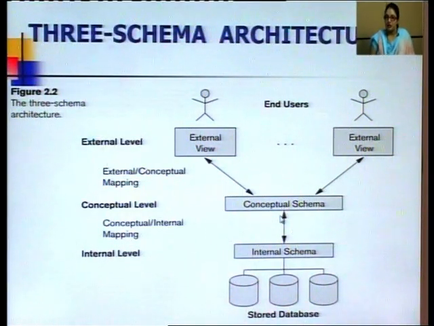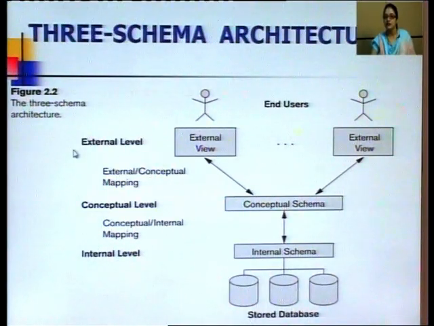Next comes the conceptual schema, which represents the conceptual level of architecture, in which the various logics and various concepts and structures of the databases are found. Last is the external schema or the external view level of the architecture, which represents that there are multiple external users who can view the database.